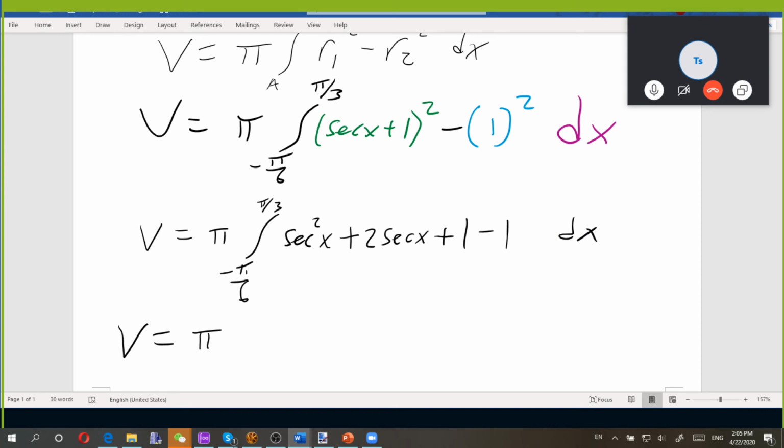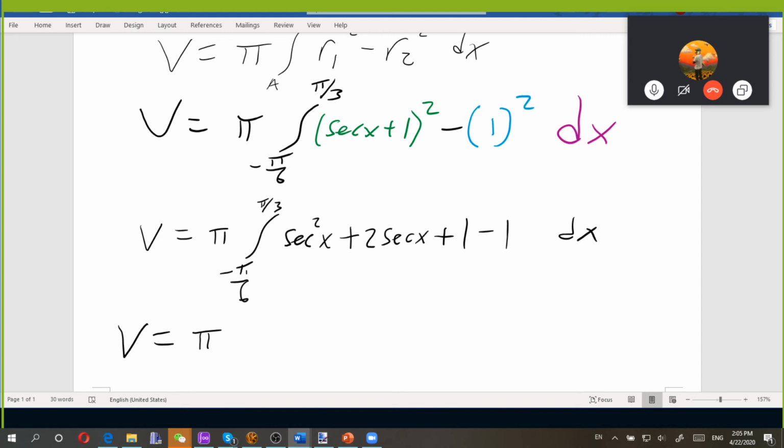So you add 1 to the power, right? So for this, we're just working backwards. So what function could we derive in order to get secant squared? Cosecant.